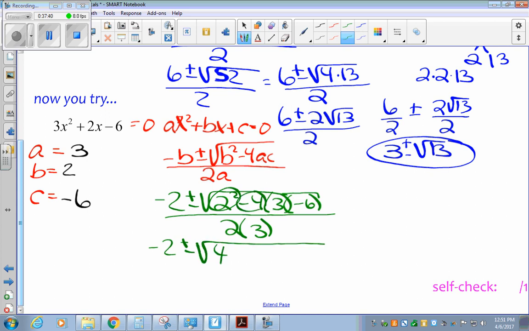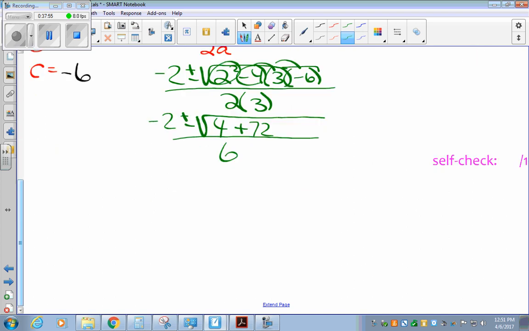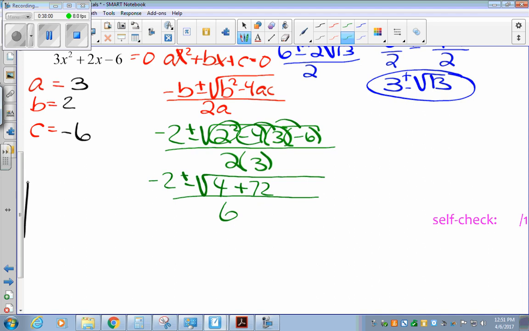Negative 4 times 3 is negative 12. Negative 12 times negative 6 is positive 72. 2 times 3 is 6. 4 plus 72 is 76. Divided by 6. Need to find the little factor tree.